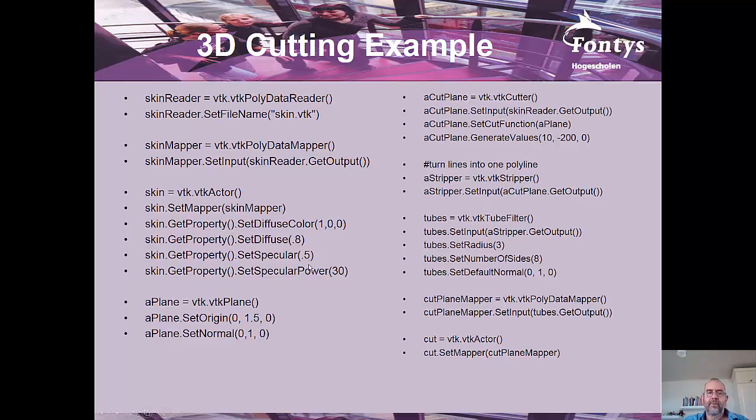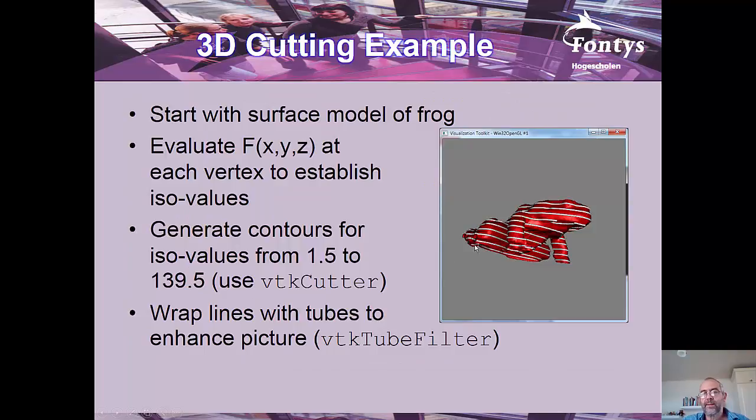So first we take the surface of all the points where this VTK plane function has value 0. Then we take the surface of all the points where this VTK plane function has value -20, and then -40, and so on. So in that way we get a number of different planes.